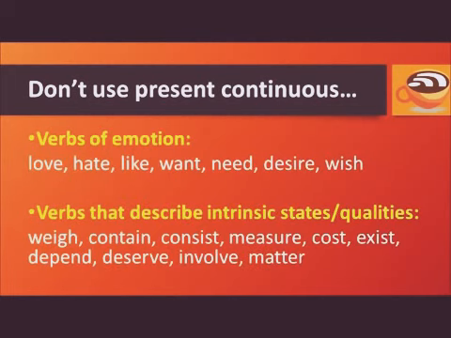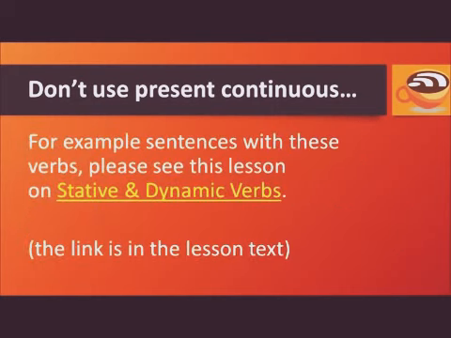Verbs of emotion, like love, hate, like, want, need, desire, and wish. And verbs that describe intrinsic states or qualities, like weigh, contain, consist, measure, cost, exist, depend, deserve, involve, and matter.